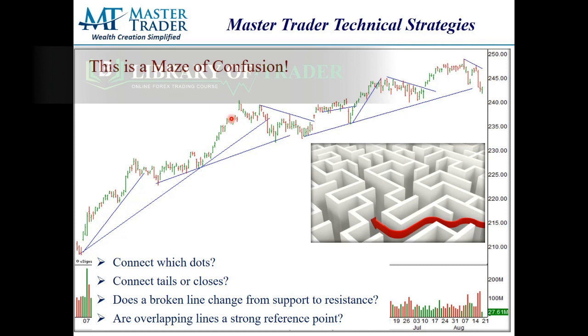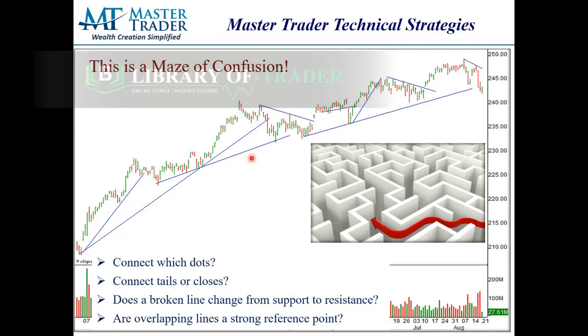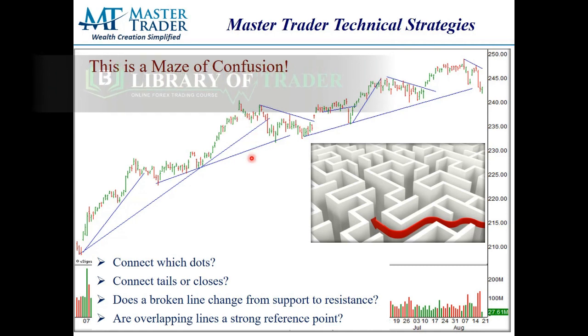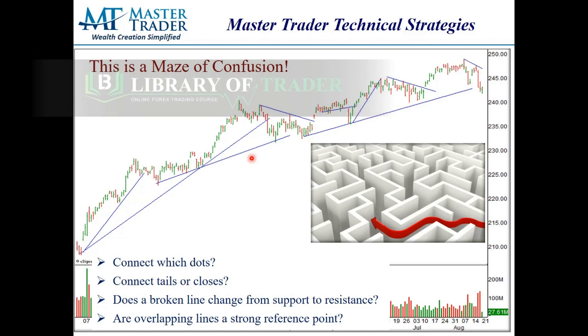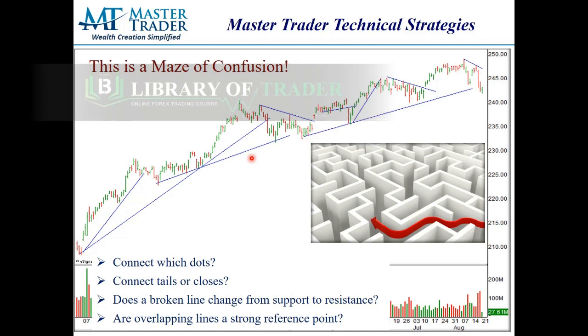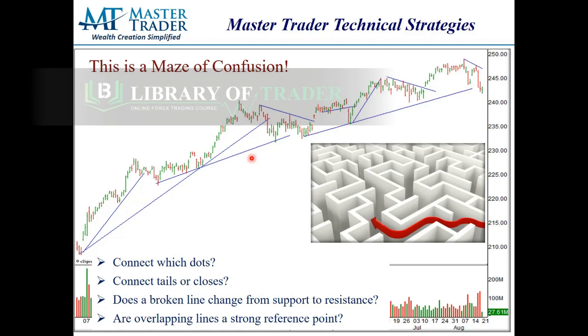And connecting the dots in different places, were the lines in the right place? It just led to confusion and uncertainty, and we're going to clear that up in as black and white a way as possible.